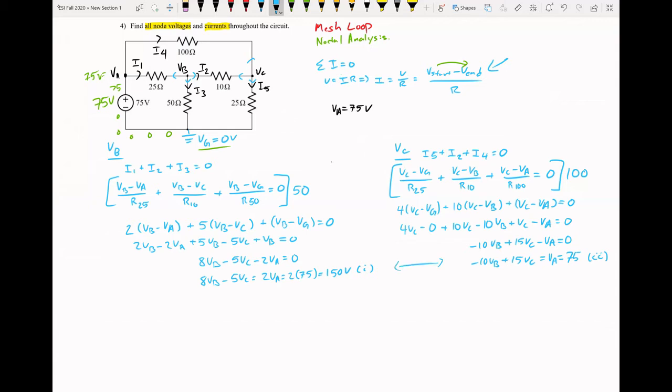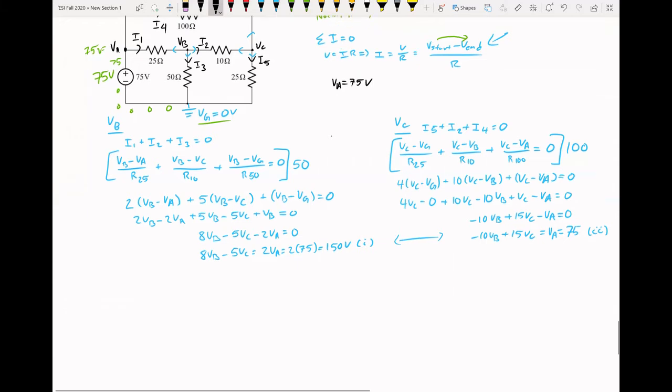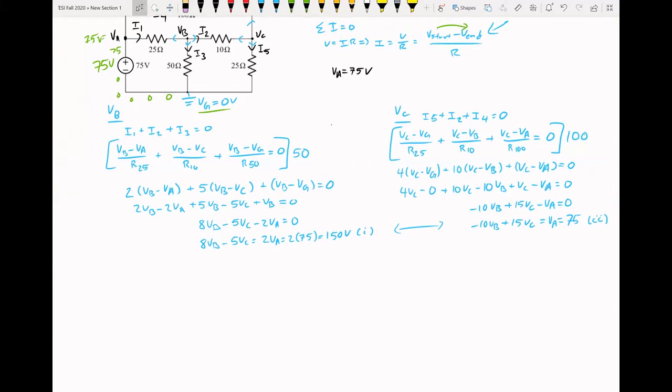And it's up to you which method you want to use. You can do plug and chug, or you can do, you know, Cramer's rule. Plug and chug, I feel, is pretty straightforward. So I'm just going to do Cramer's rule for everyone real quick. So I'll come over here and write 8V of B minus 5V of C is equal to 150.